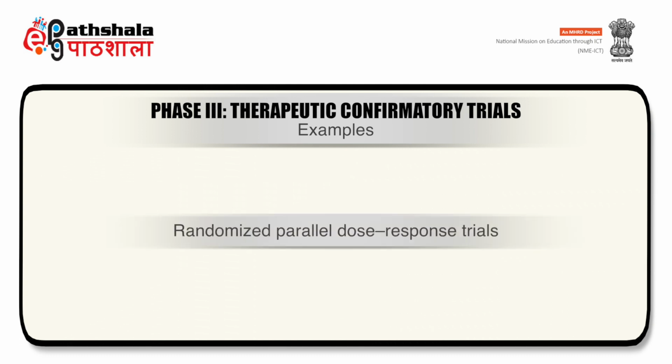Examples of the design of phase 3 trials are randomized parallel dose response trials, clinical safety trials, trials of mortality or morbidity outcomes, large simple trials, and comparative trials.